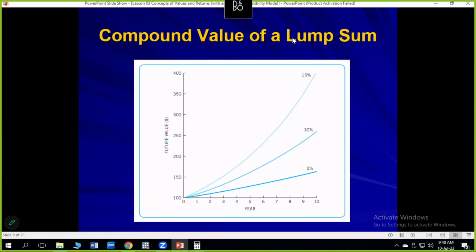Here in this diagram, you can see three curved lines: 5%, 10%, 15%.